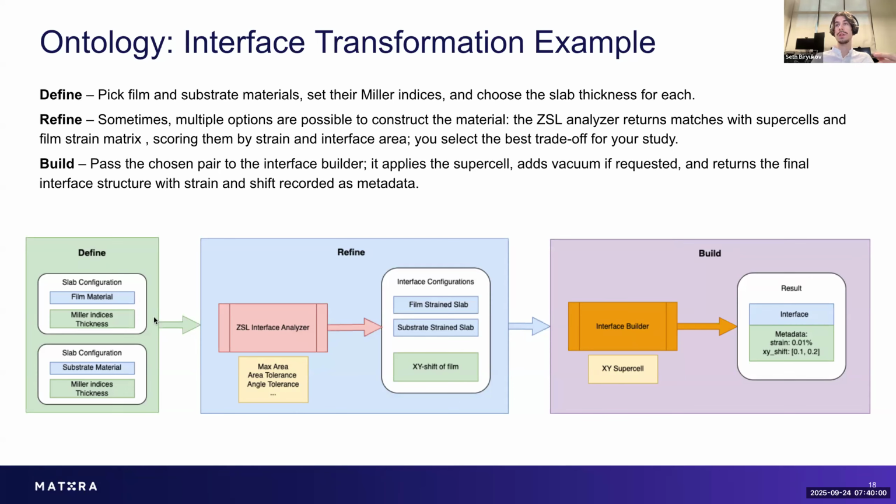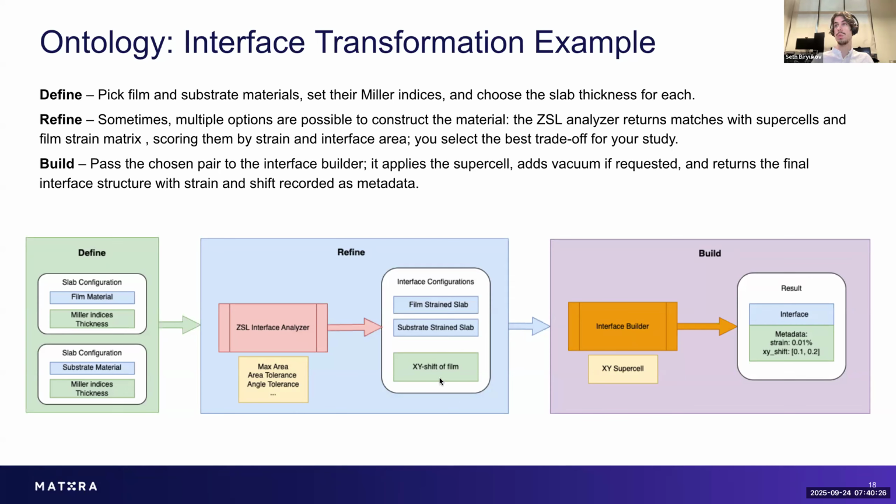And then to get to the interface configuration, where you need to provide matrices for the supercell, we use ZSL interface analyzer with its parameters such as maximum area, and it yields a set of interface configurations which are ranked by strain and size of the supercell.